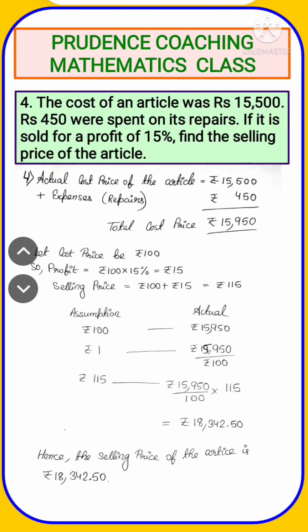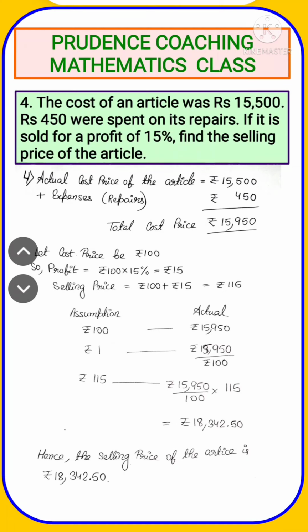But after that we have added the expense, means there was some expense on that particular article, so that is also included in the cost price. So we have added the repair expenses, that is 450. So by the way, we are getting the total cost price as 15,950 rupees.